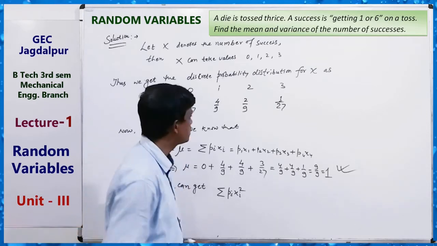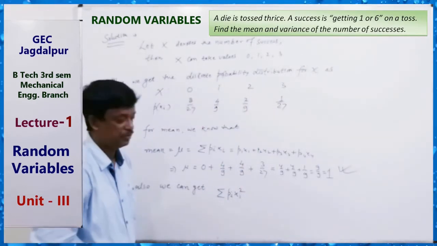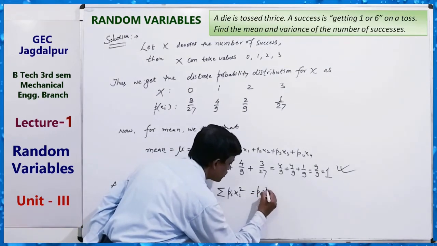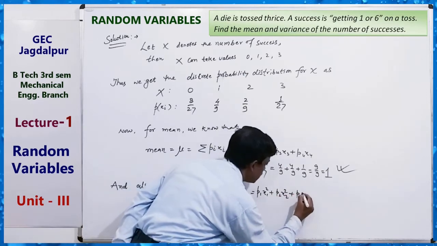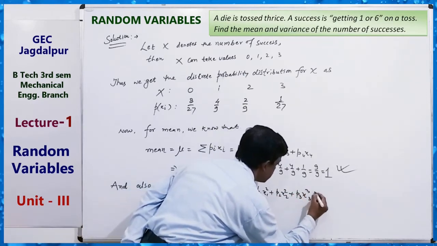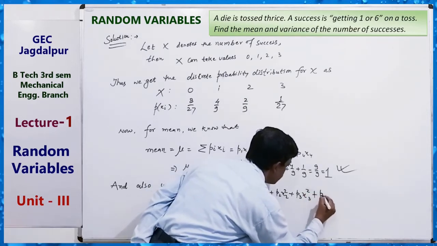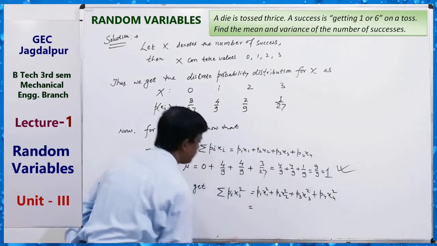Xi square means squaring this and then multiply and sum. Okay, that is what? p1 x1 square, p2 x2 square, p3 x3 square plus p4 x4 square. That is equals to what?